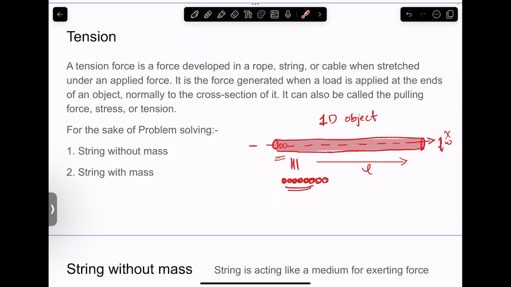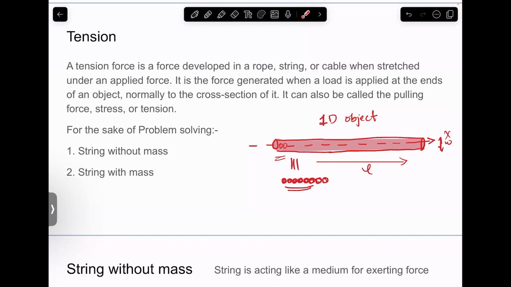Imagine this rope as a collection of individual particles inside the rope. Then when I explain the action-reaction pair of forces acting inside this rope, you will be able to visualize how those forces act inside a rope.